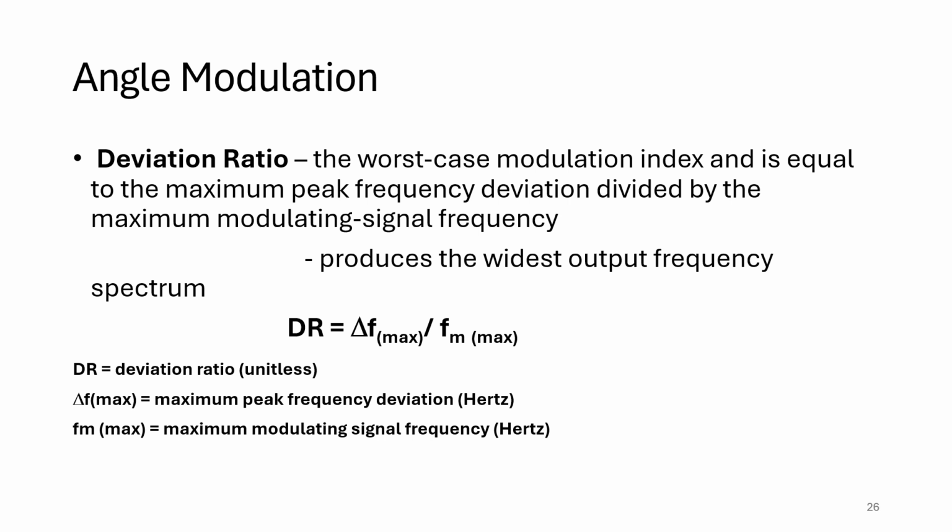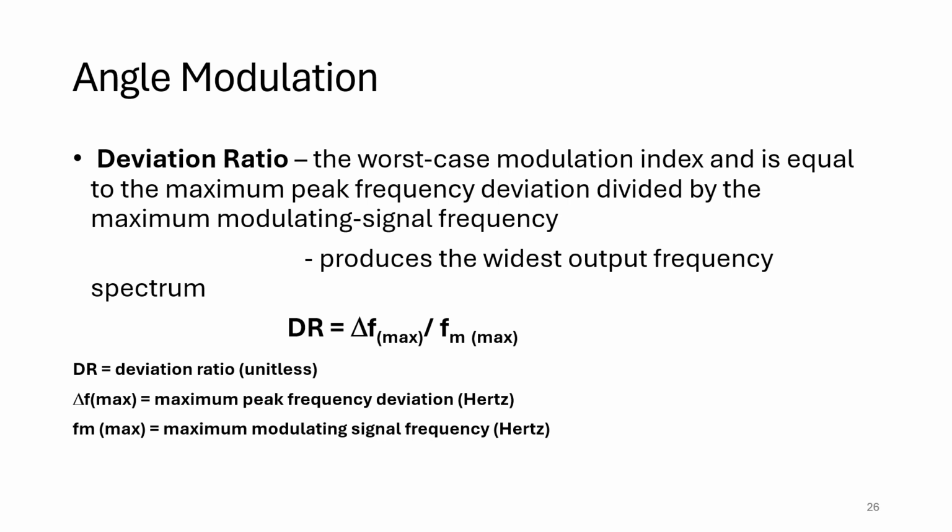A while ago, we discussed how we get the maximum frequency deviation; technically, this is limited by the FCC in the United States. For a given system, the minimum bandwidth is greatest when the maximum deviation is obtained by the maximum modulating signal frequency. The highest modulating frequency occurs with the maximum amplitude allowed.